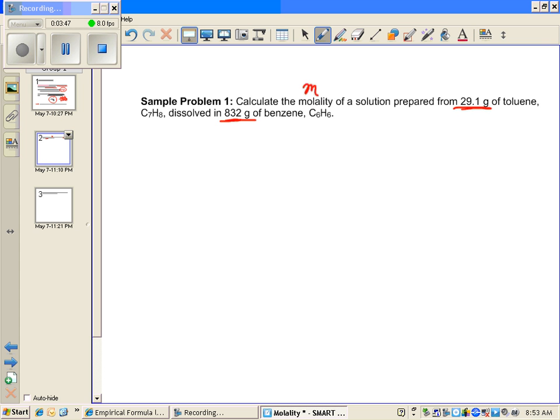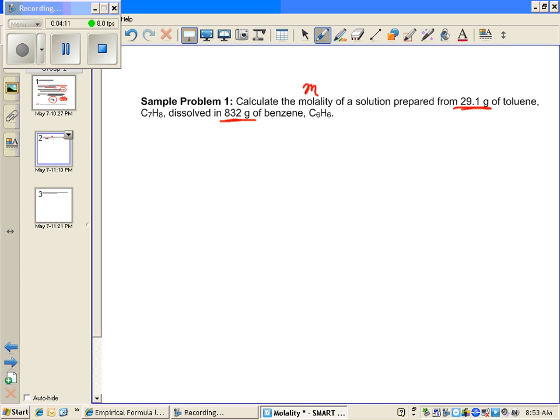So you have to decide which number is the solute and which goes with the solvent. It says toluene is dissolved in benzene, so toluene is the solute. Toluene is the solute, so benzene is the solvent.